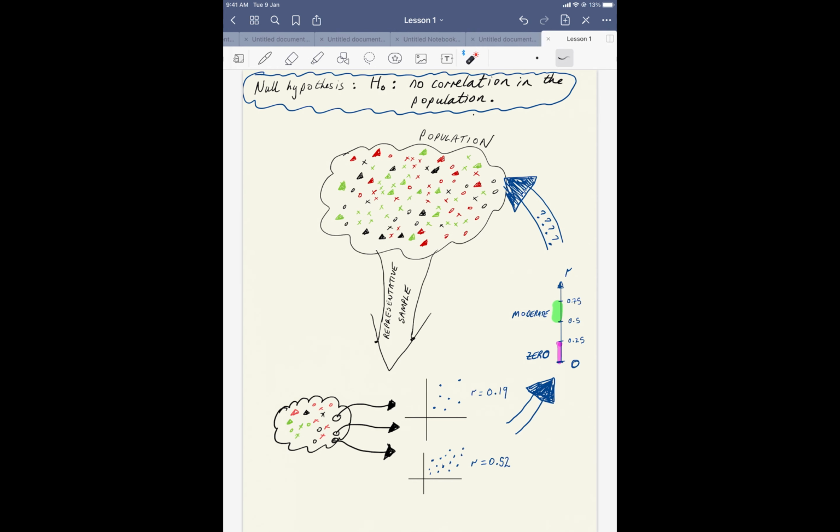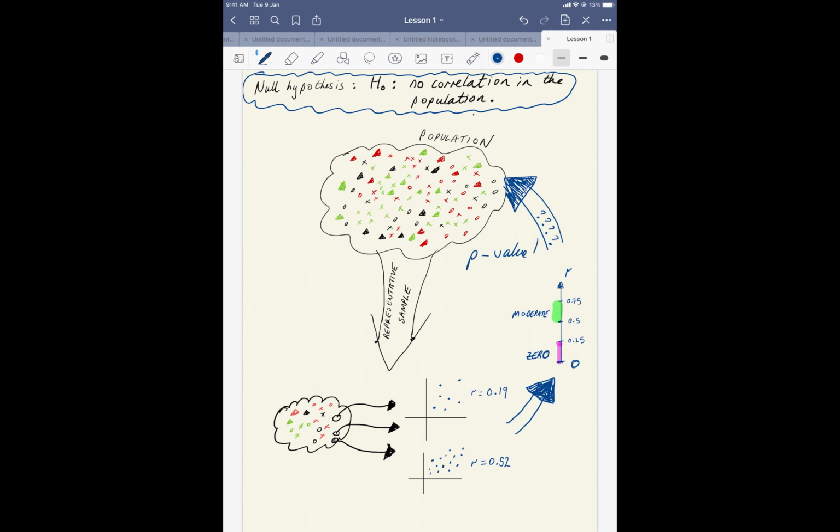It's not enough just to go with these numbers here and look at this scale. This scale only really applies to samples. What we have to do is make a best guess about how our results apply to the whole population. Okay, and this is something where we generate a magic number called a p-value.